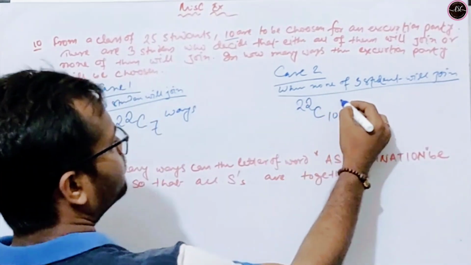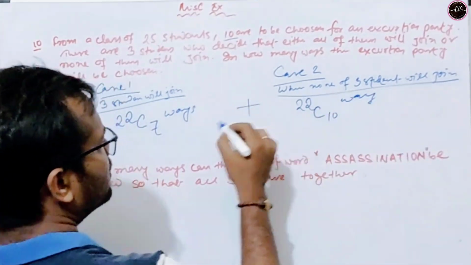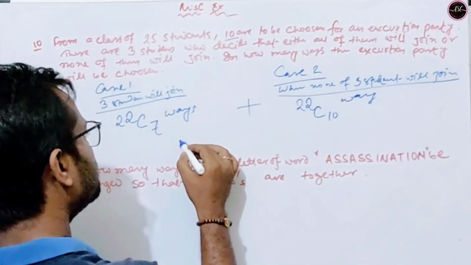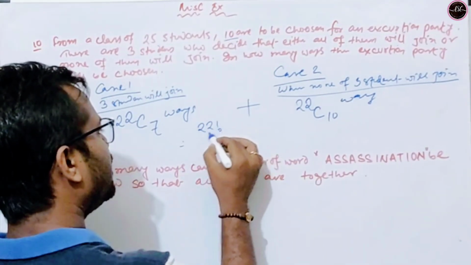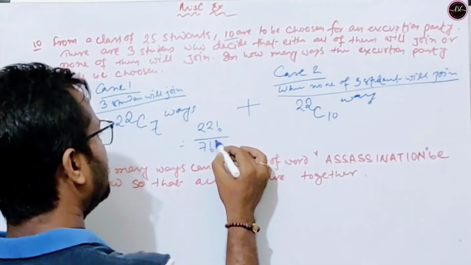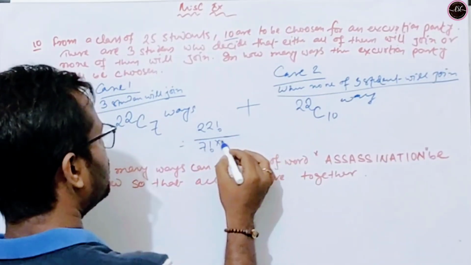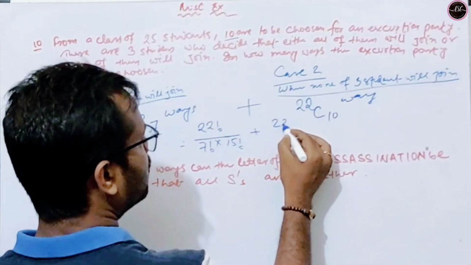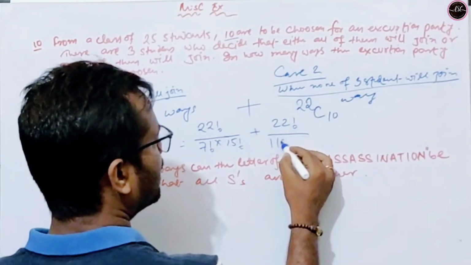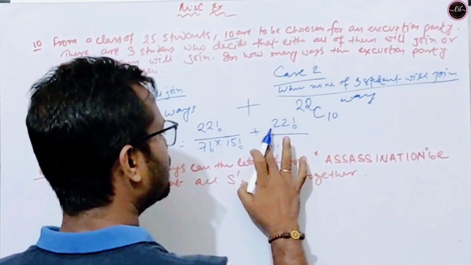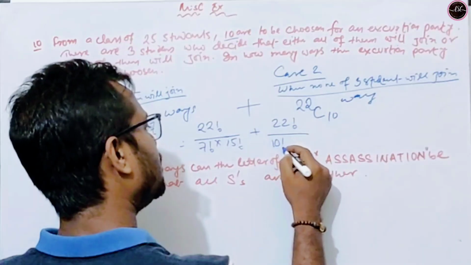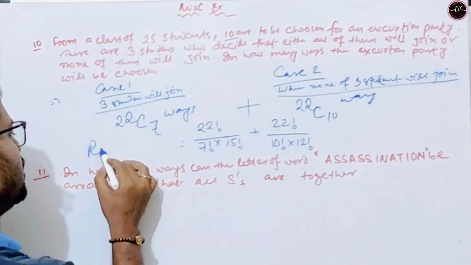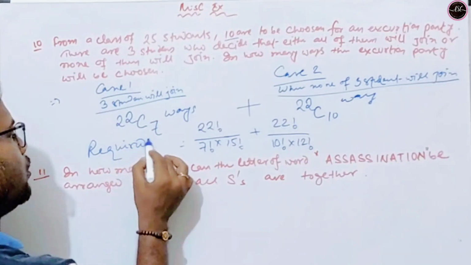So just adding this we get the required ways, equal to 22 factorial divided by 7 factorial into (22 minus 7) equal to 15 factorial, plus 22 factorial divided by 10 factorial into 12 factorial. This is the required ways.